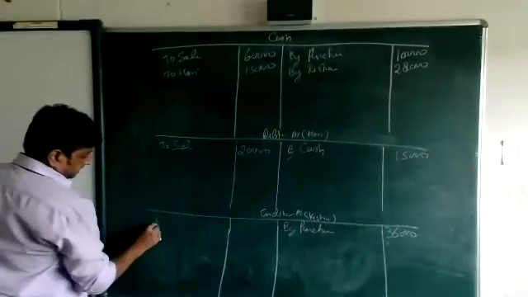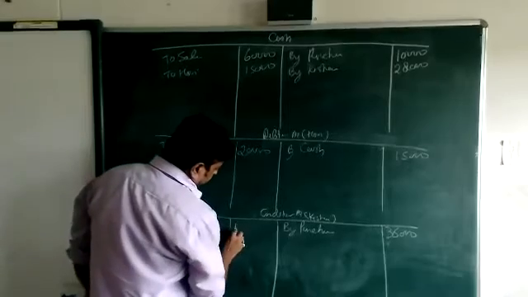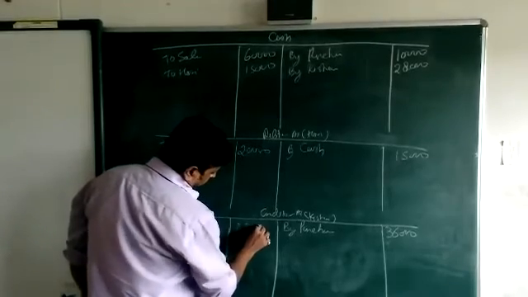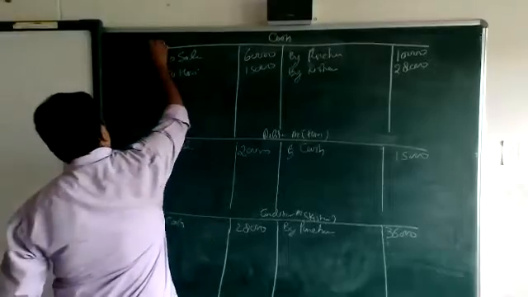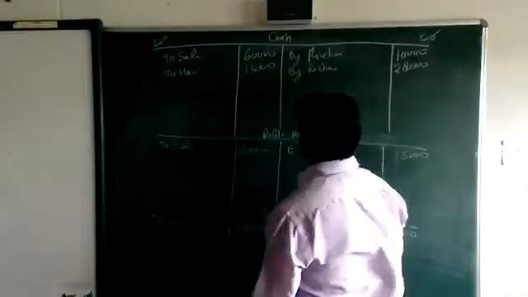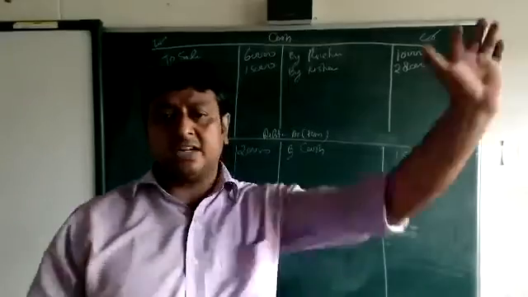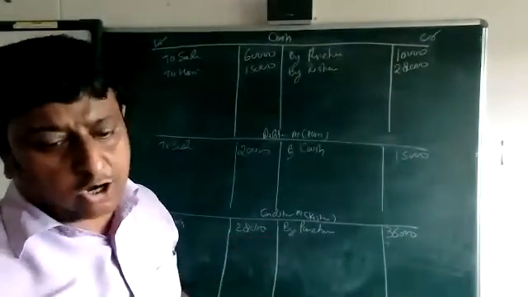And then the creditor will decrease, liability decrease means this side, debit side. So beta, this side is debit, that side is credit. In this way we show all the accounts.